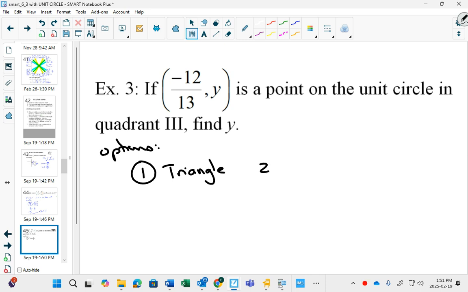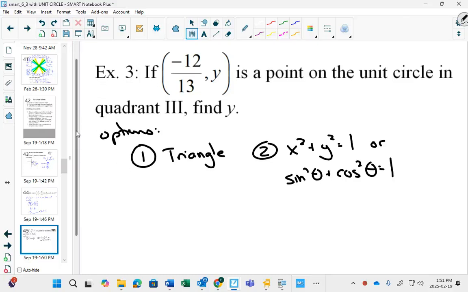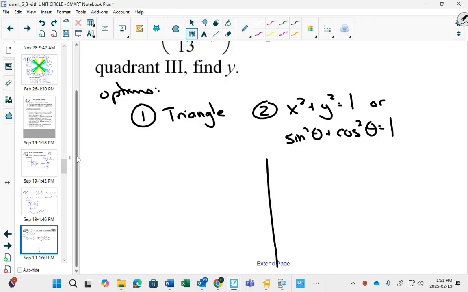But you could also use the big idea that x squared plus y squared equals 1 for the unit circle, or sine squared theta plus cos squared theta equals 1. Okay? I like the triangle because the numbers are easier, but I'll show you both ways quickly.